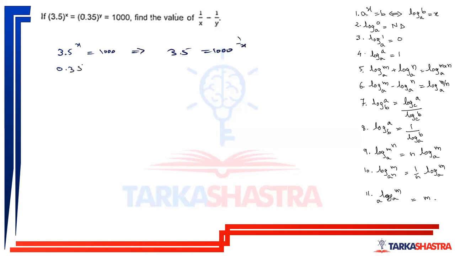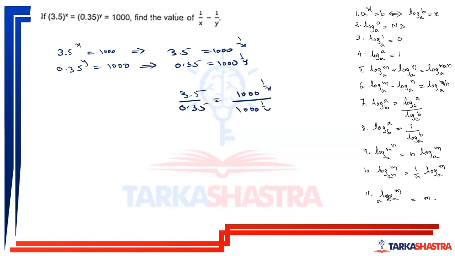And 0.35 to the power y is equal to 1000, so 0.35 is equal to 1000 to the power 1 by y. Now 3.5 upon 0.35 is 1000 to the power 1 by x divided by 1000 to the power 1 by y. So 3.5 upon 0.35 is 10. So this is 10, and this is 1000 to the power 1 by x minus 1 by y.